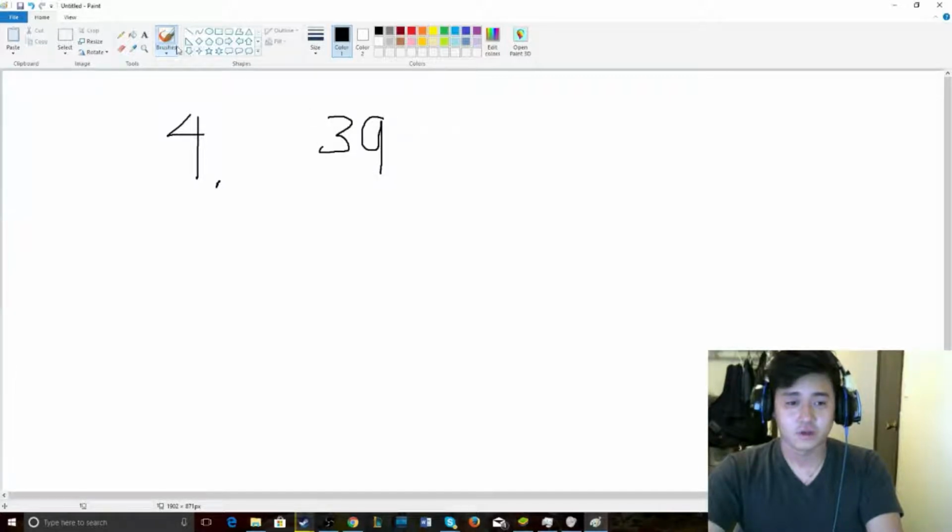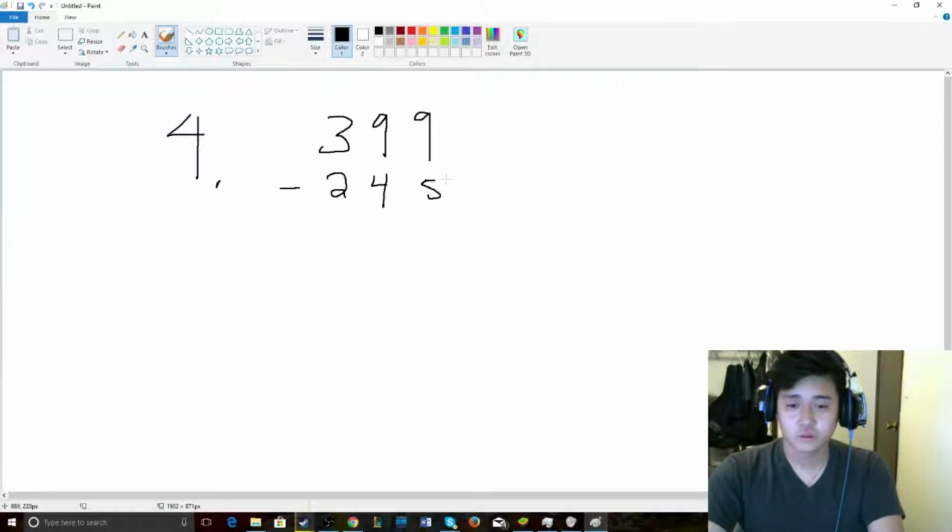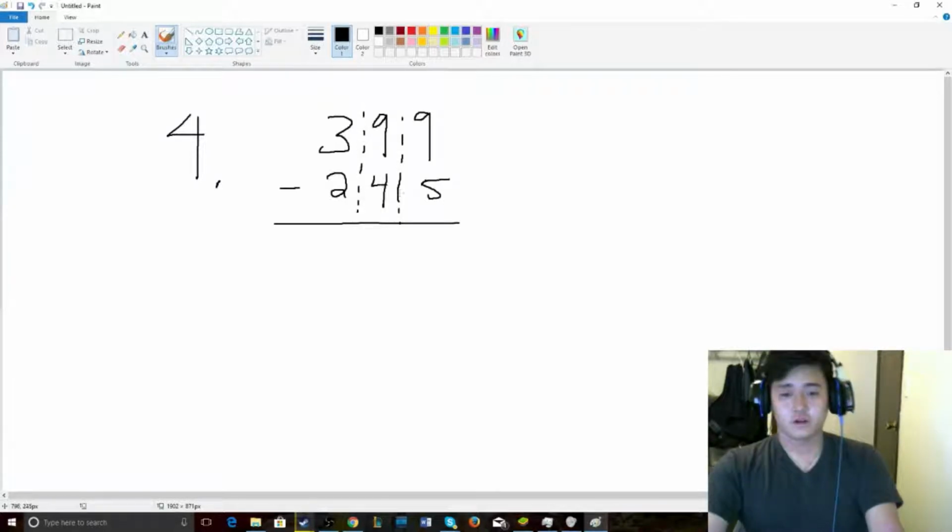399 minus 245. Alright, so when doing subtraction problems like this, because you see that the top number is a bigger number for every single category, you can treat this almost like 3 separate subtraction problems.